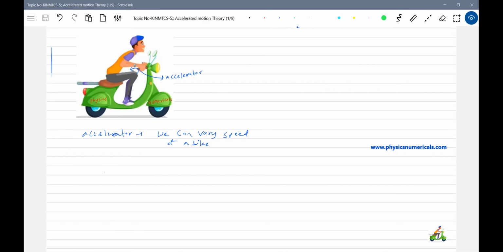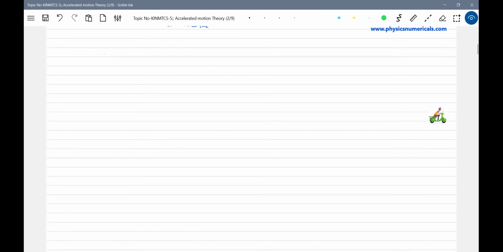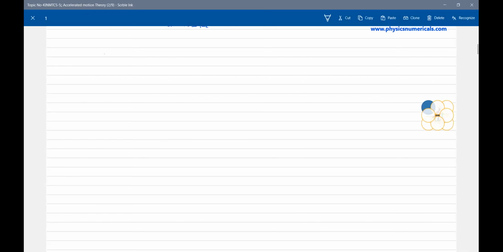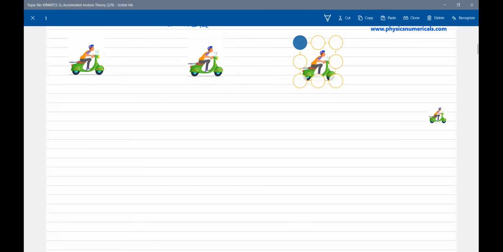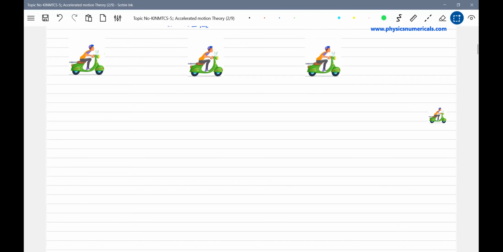Now, if the speed of a bike increases, what speed is it moving with? Let's take the next discussion. So he will rotate his arm.